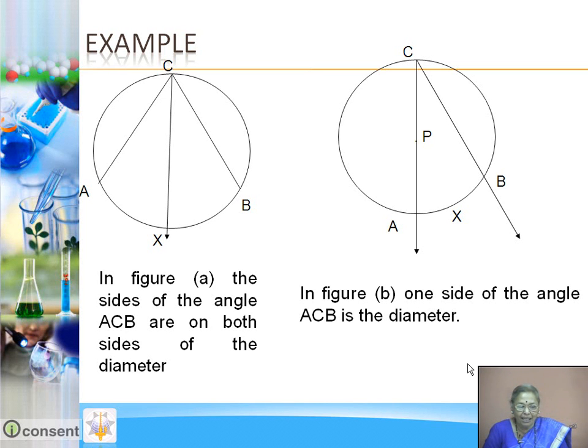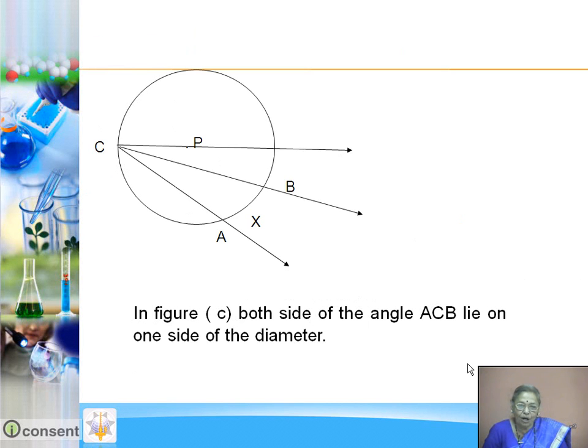The inscribed angle ACB is on both sides of the diameter. In the second figure, the diameter itself is one of the sides of the angle. And in the third figure, you will see that both sides of the angle are on one side of the diameter.